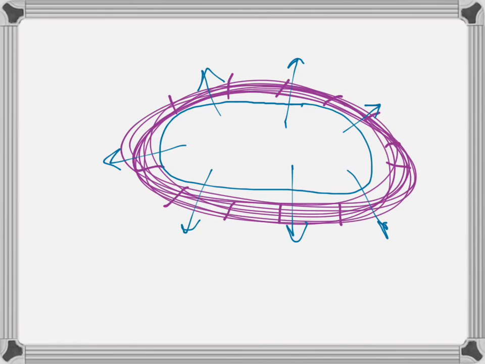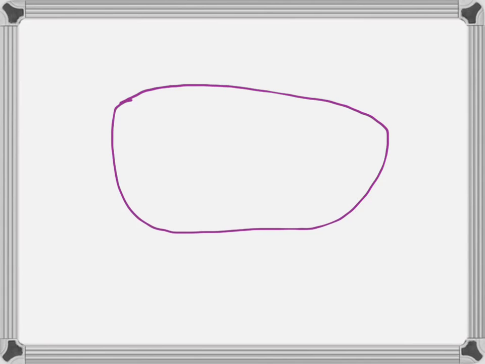Instead, what we see is something that's more akin to what we find in plant cells, where you lose some of that turgor pressure and you start to get plasmolysis. And what plasmolysis is when the membrane pulls away from the cell wall.